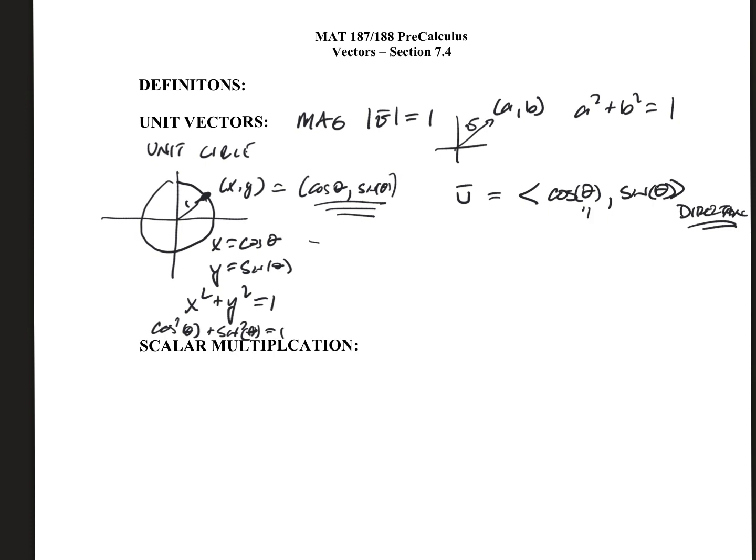If I know the angle involved, then the cosine of that angle gives me the x-coordinate of the vector, and the sine of theta gives us the y-coordinate. So we have a unit vector, cosine theta, sine theta. That is a pretty cool notion, our unit circle being put to work.